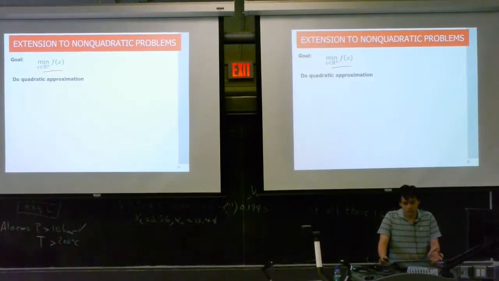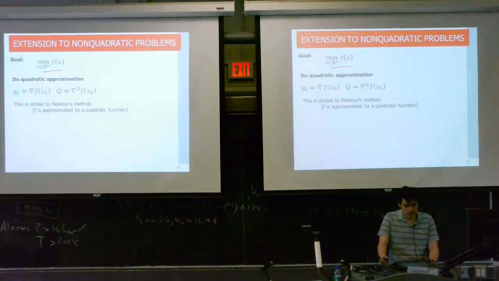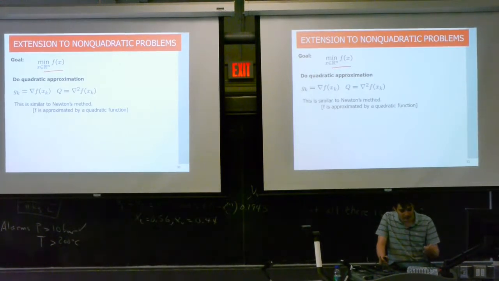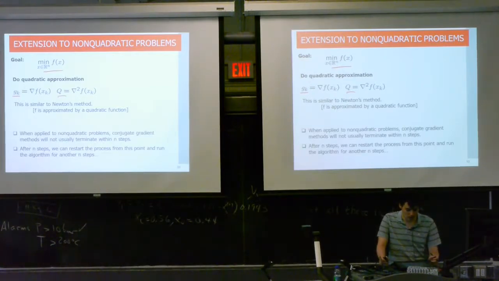And what can we do? We do a quadratic approximation, right? So we calculate the gradient, and we calculate the second derivatives, the Hessian. But instead of Newton's method, we will use conjugate gradient methods, using that pseudocode that we just discussed before.